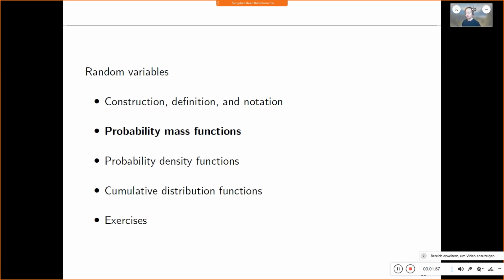The other way, and this is what I explained with the last slide before the break, is to directly define these probability measures associated with random variables, then always having the possibility to construct the underlying probability space by assuming that the random variable is the identity function, and defining these probability distributions by means of these entities that we have here: probability mass functions, probability density functions, and cumulative distribution functions.